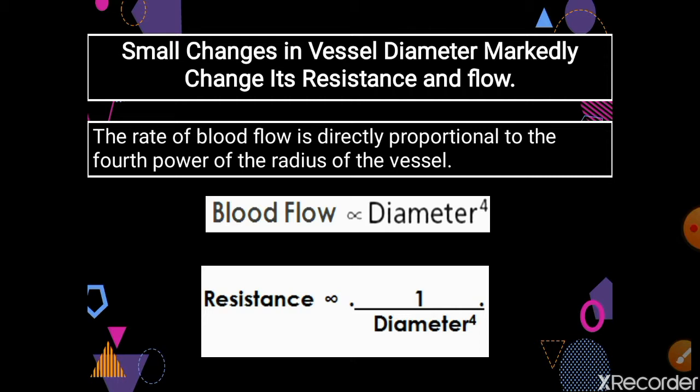Dear students, please do not be confused by radius and diameter. Here, it means one and the same. Blood flow is directly proportional to the fourth power of the diameter. Thus, it means resistance is inversely proportional to the fourth power of the diameter.